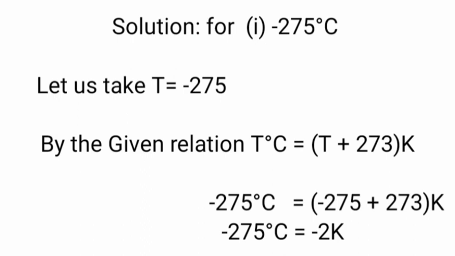By using the value of T in the given relation, we get minus 275 degrees Celsius is equal to minus 275 plus 273 Kelvin, which is equal to minus 2 Kelvin, and which is the required answer for the given question. By using this method, we can easily convert the temperature from Celsius to Kelvin.